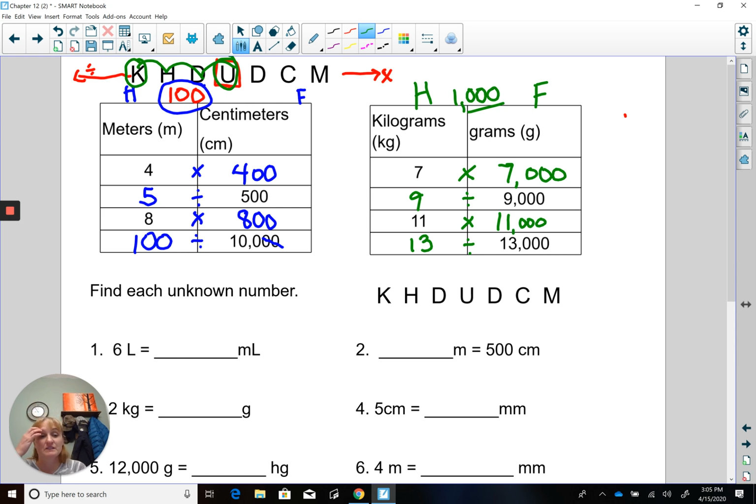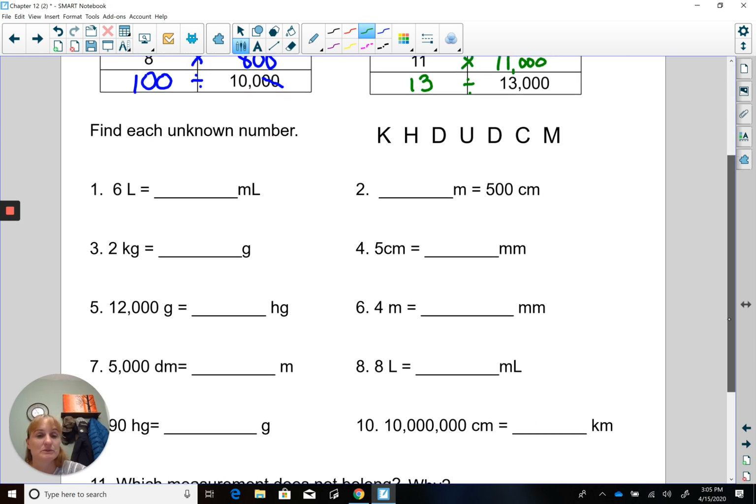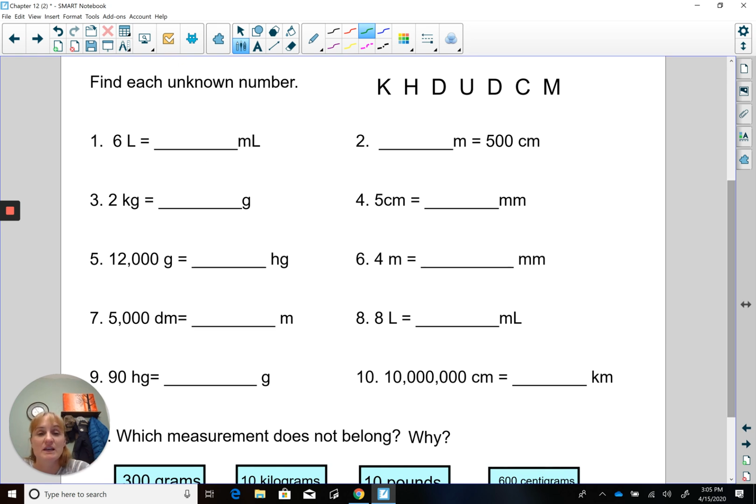All right, so now let's go down to here. We still have our King Henry died unusually drinking chocolate milk. What I would like you to do right now, and some of this might be really tricky, but I want you to use the method of jumping, circling what you're on, counting up, figuring out if you're multiplying or dividing, and we're going to give some of these a whirl.